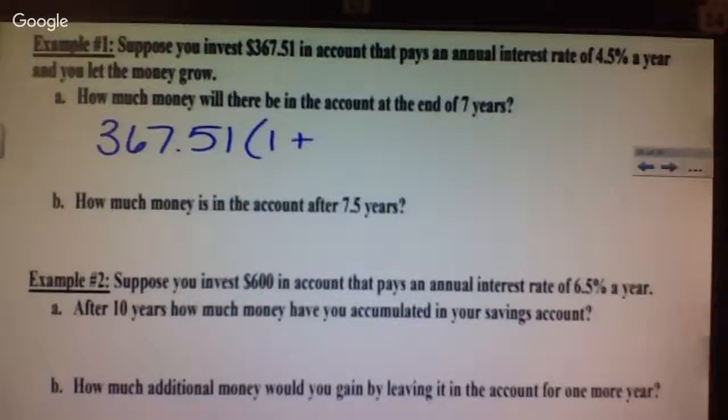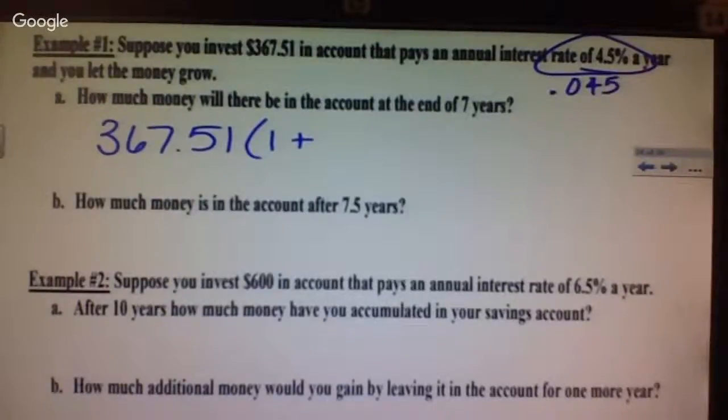Okay, it's always 1 plus. That'll never change. Okay, before I put my interest rate into the equation, I need to change this to a decimal. What's 4.5% as a decimal? 0.045.